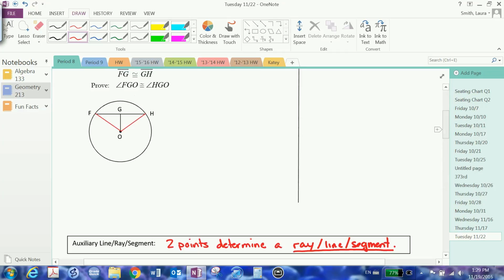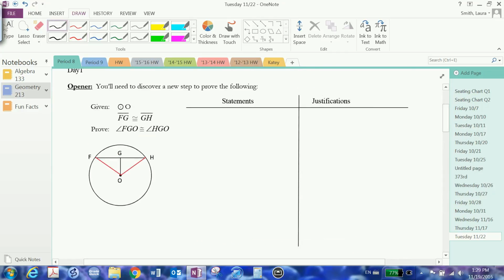So here's what it's going to look like in a proof. In a proof, I'm going to start with circle O being given and FG congruent to GH, only because I can save myself a step by adding in this. I didn't draw any conclusions directly from that. Now, it's a circle. I'm going to say I'm going to draw OF and OH.